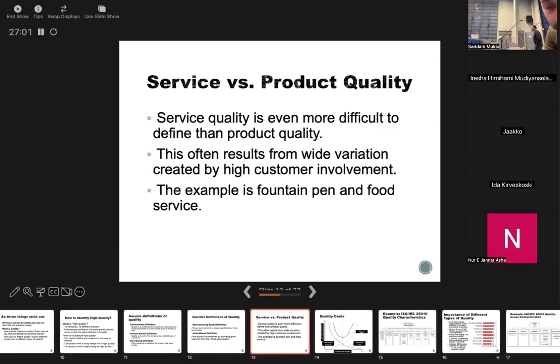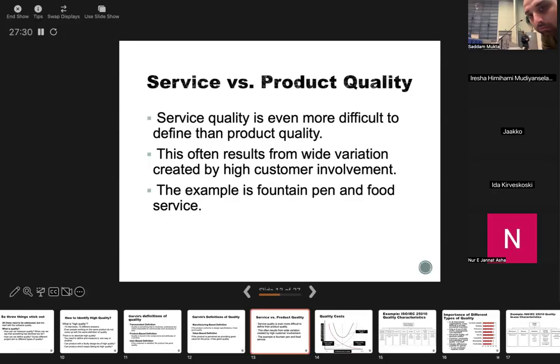Service is really a difficult thing. Whether the quality of a product is somehow there, but when it is service, it is very difficult to measure the quality, because it involves so many persons at the same time, and how they interact and how they are doing it. Service is kind of intangible, it's a transcendent thing.